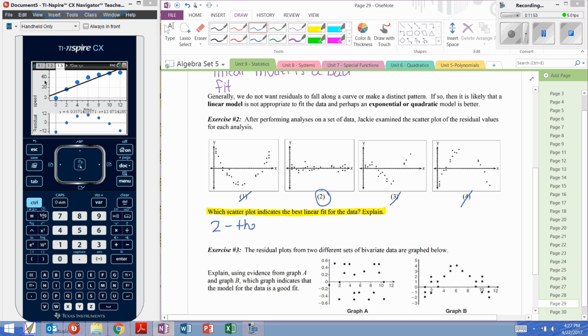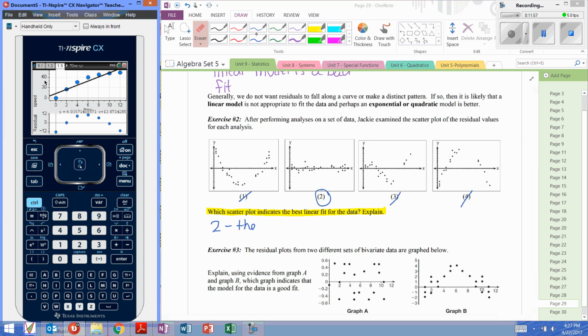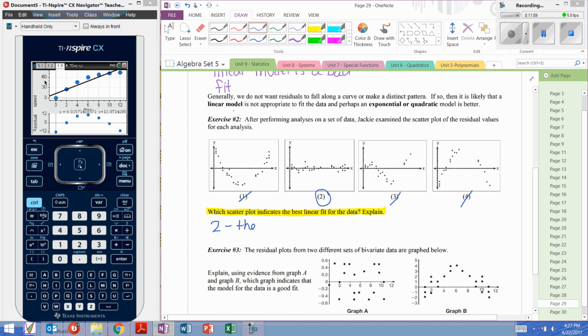The residual plot does not have a pattern.